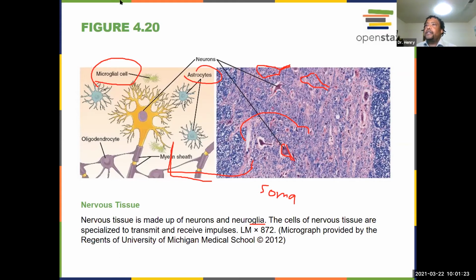So let's write that up. Sorry, myelin, not myeloid, myelin sheets.